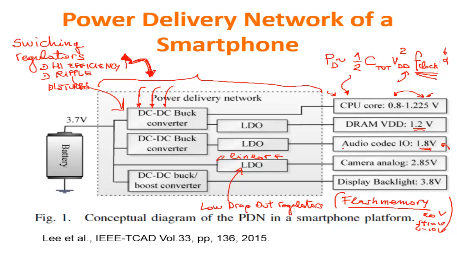And for this reason these blocks are supplied by an LDO. So these are linear regulators for which you have low efficiency, you pay in terms of efficiency, and this is a minus, but then you have no disturb, and this is the plus.